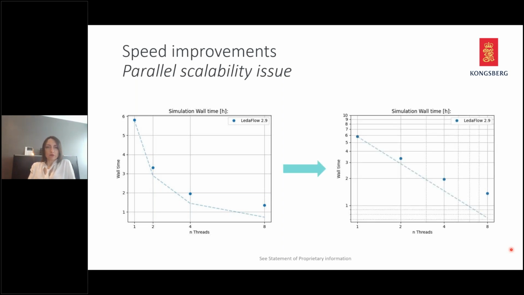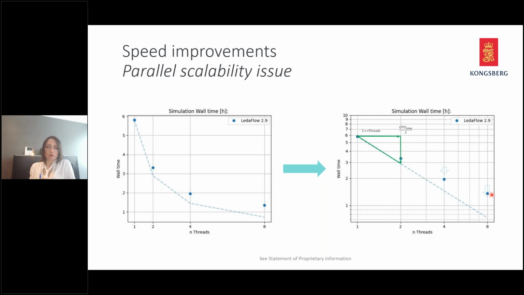So if we look at it in a logarithmic scale, we can see the dotted line that you can see here. That's the ideal situation. That means that if we double the number of threads, we use half of the CPU time. This is an ideal situation, and as you can see, in reality, we tend to use more time than that.